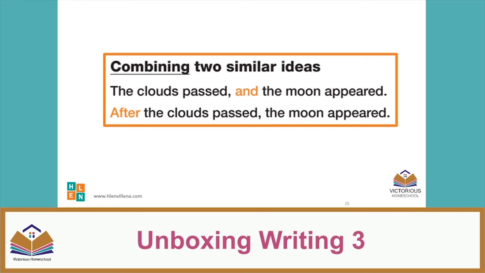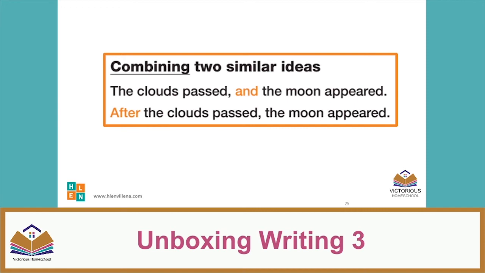Remember, the reason why you're writing is because you want to express something. And that something is a message. And what exactly do you really mean? For the first example, the clouds passed and the moon appeared, there is equal importance for the idea behind the clouds passing and the moon appearing.